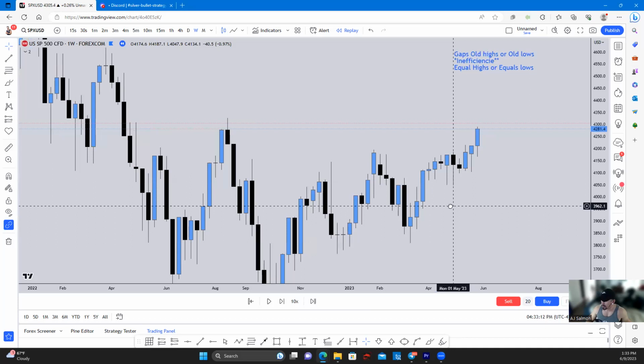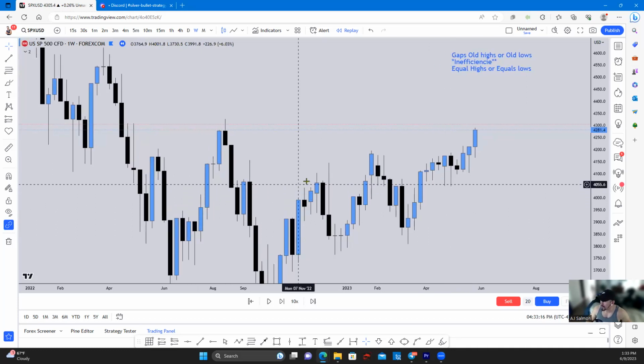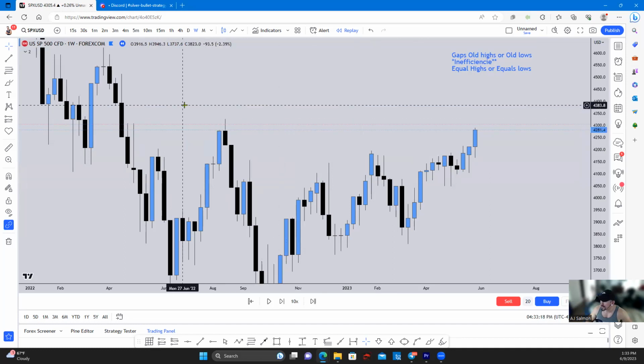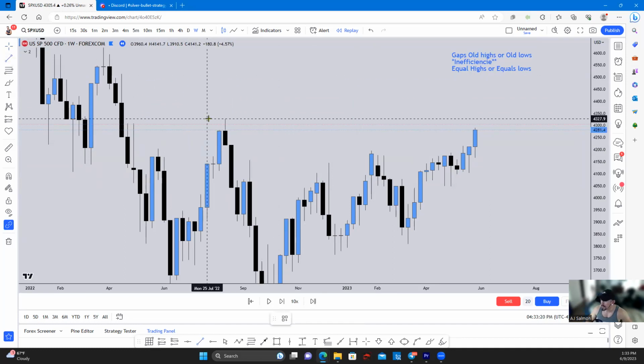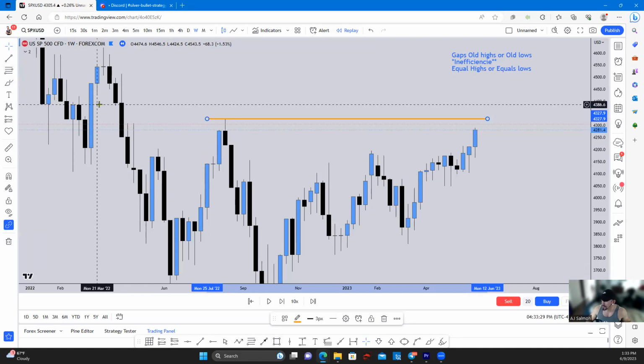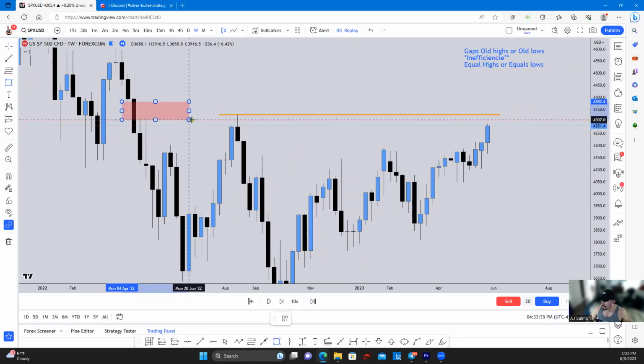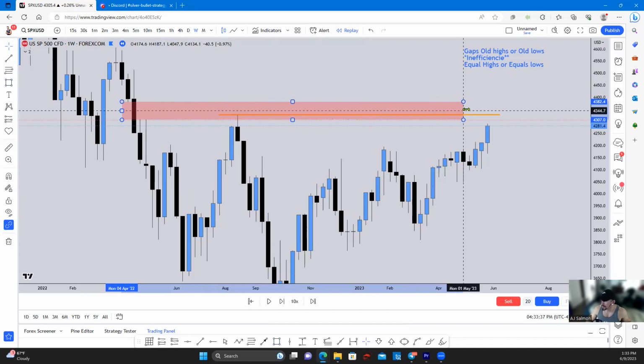All right. So if we're on the weekly here, we want to mark off old highs or old lows. Here, if we look left, we have an old high. We also have a gap here that lines up.